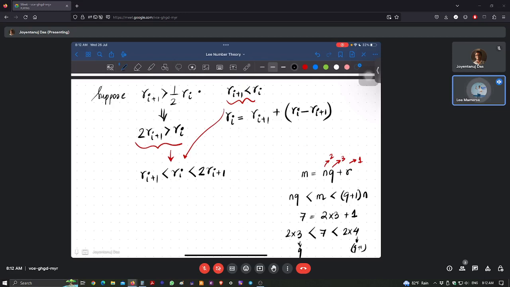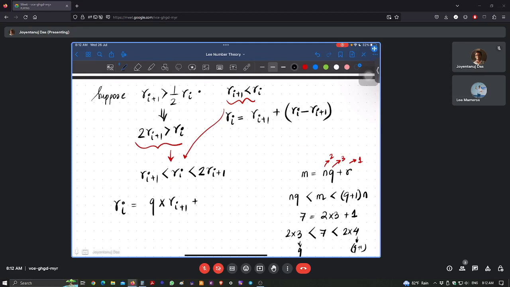So you're saying if you divide by Ri plus 1, I want to find Ri equals the quotient times the divisor plus the remainder. So what will be q? That is what I'm asking. Yes, q has to be 1, right?